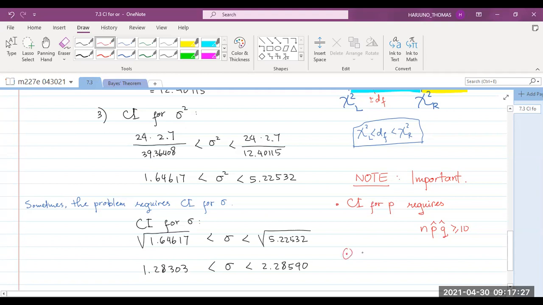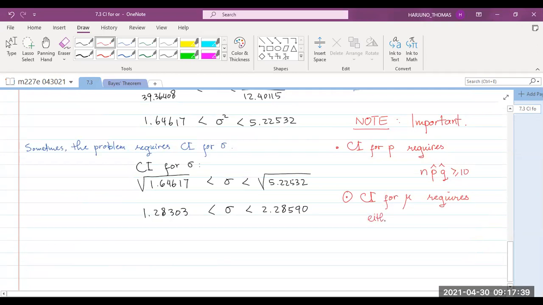Now, for us to construct a confidence interval for mu requires either the underlying distribution is approximately normal, or the sample size is at least 30.